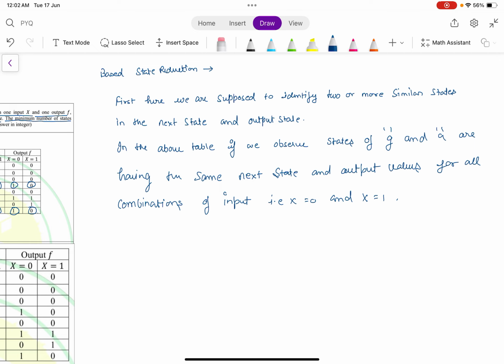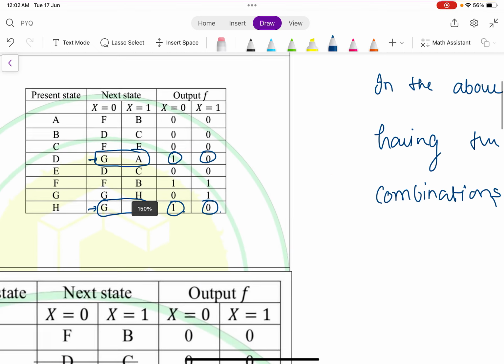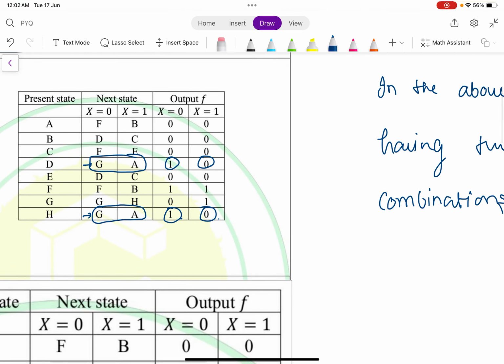I mean to say, if you have the next state as G and your input is 0, so here also input is 0, you will get the output as 1. Similarly, if you have the next state G here, your input is 0 and the output is the same, you will again get output as 1.